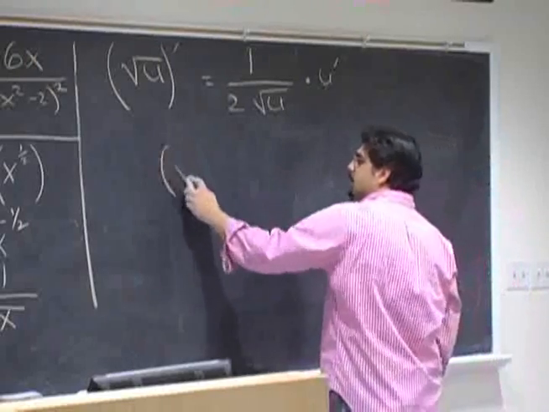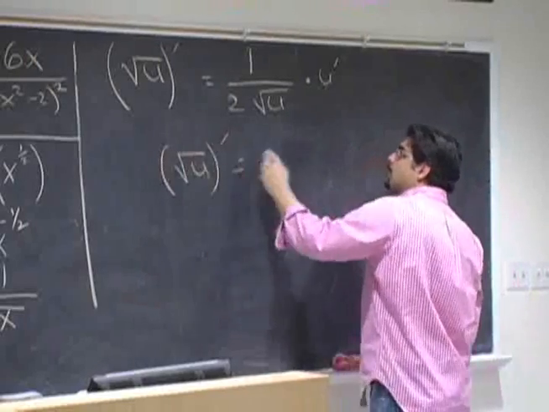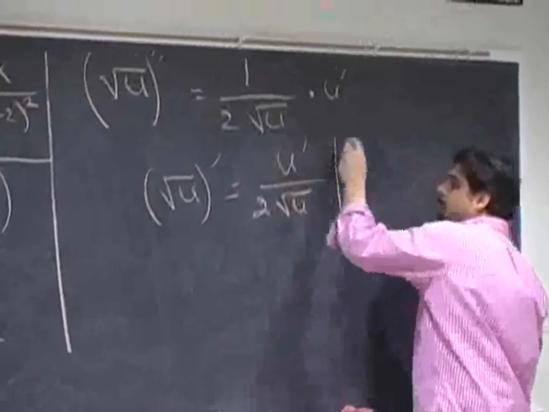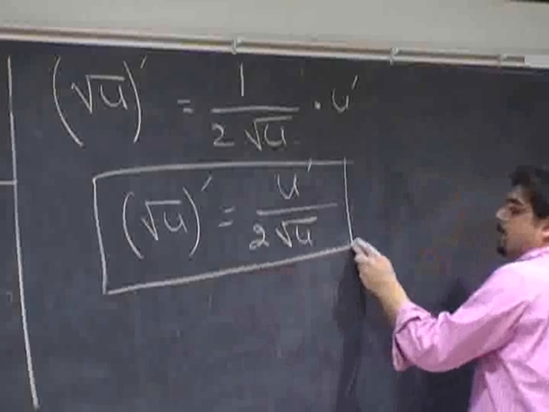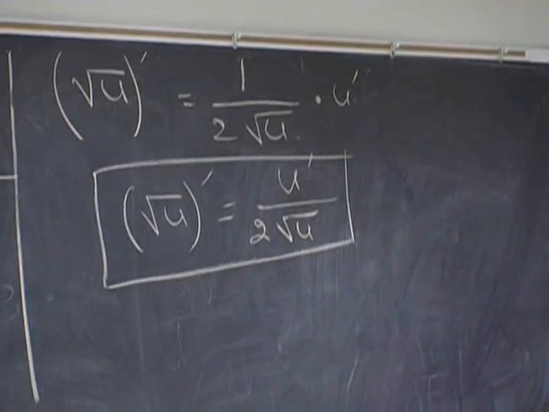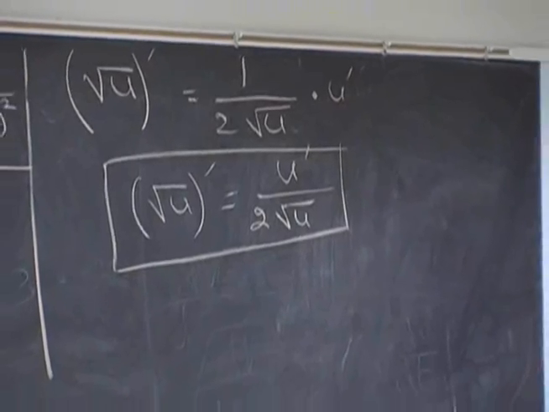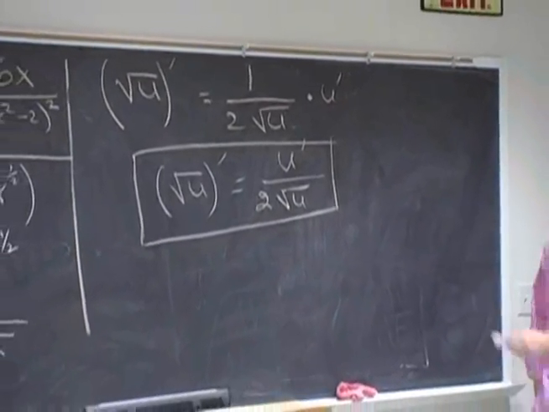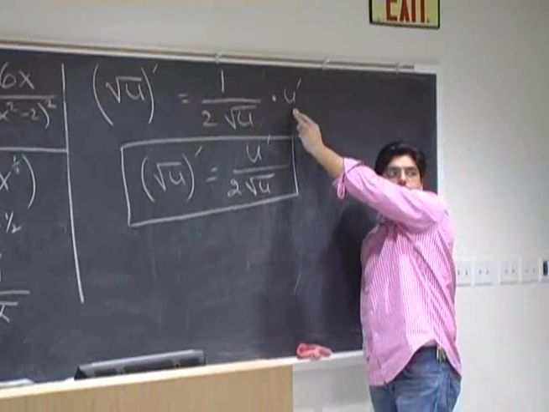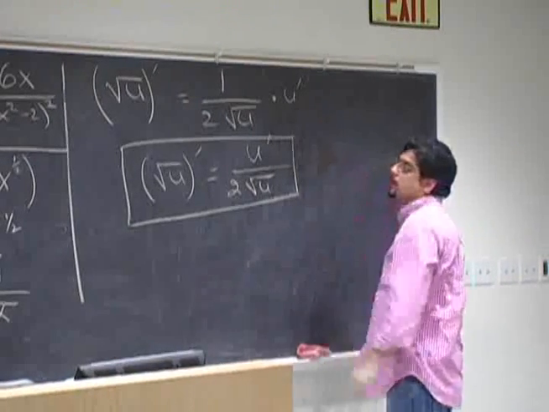And then if you put this together, it's just u prime over 2 square root of u. This is very commonly occurring, okay? Is it clear how we get this u prime here? Why we get that? Okay. No question.